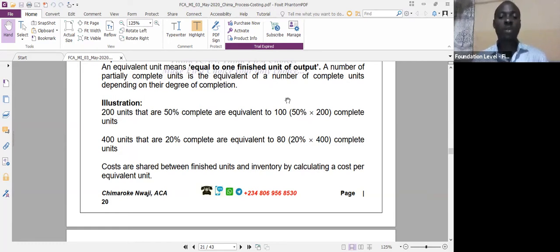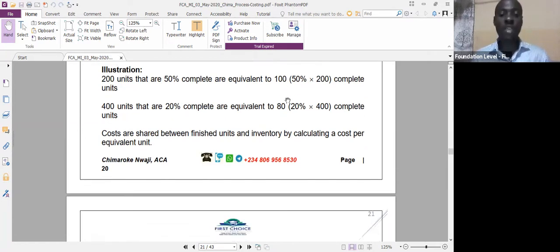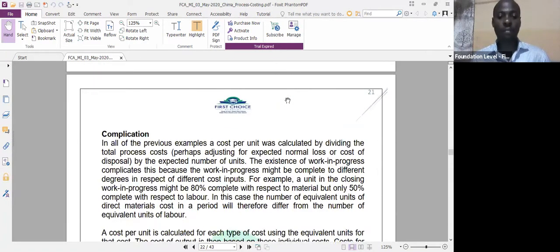But now we are going to be sharing these costs when there are incomplete products by saying the costs divided by what is called costs per equivalent unit. So costs divided by equivalent unit. Now let's see how we can do that.